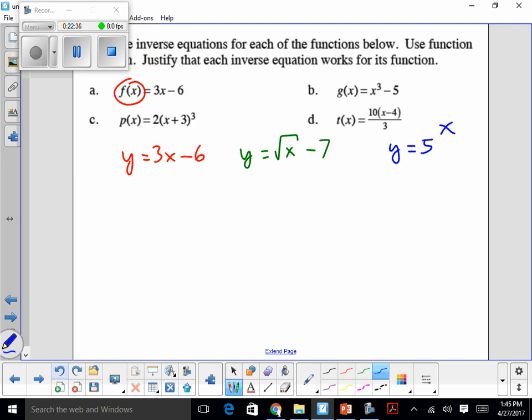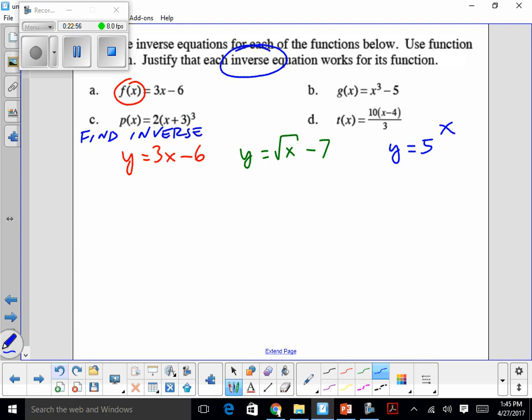So, circle inverse. That's the big deal. Write the instructions: please find inverse. To do that, I wish I had left some space. You're going to switch and solve. Where can I write switch and solve?